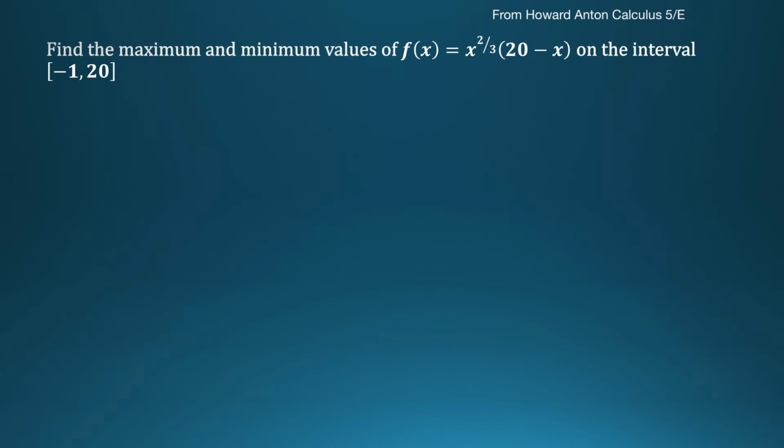Find the maximum and minimum values of the function f(x) = x^(2/3) times (20 - x) on the closed interval [-1, 20].